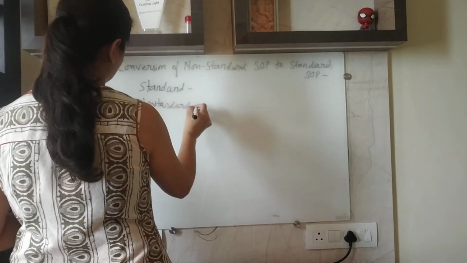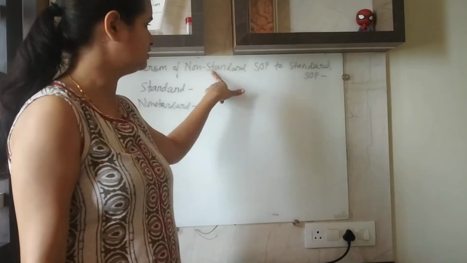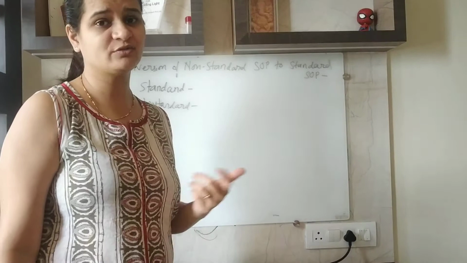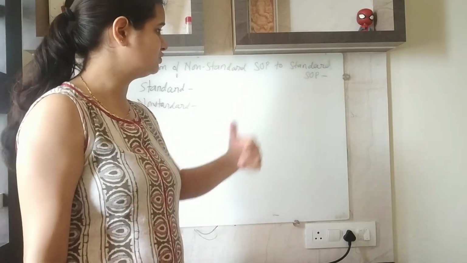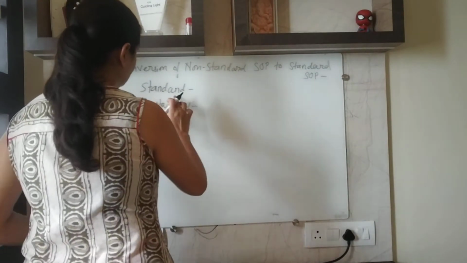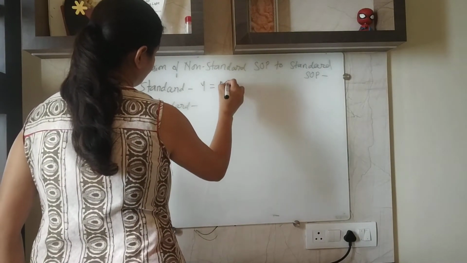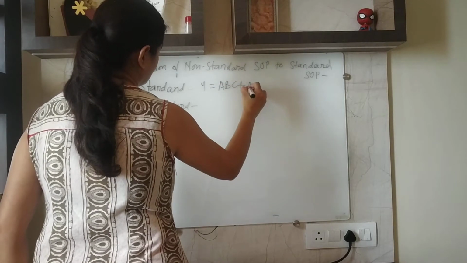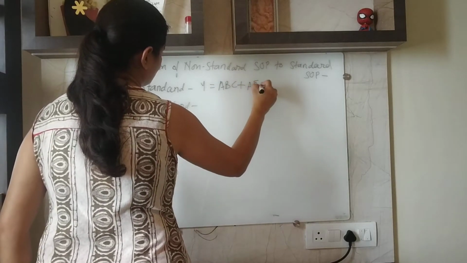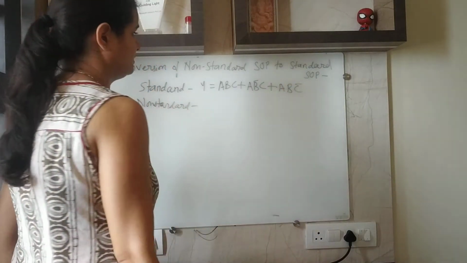So today we are going to convert a non-standard SOP equation, sum of product equation, to a standard SOP equation. For that, as I had told you, in a standard equation each term in the SOP equation should contain all the literals, right?